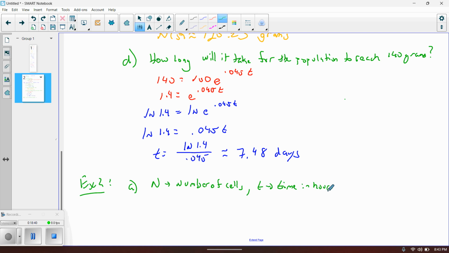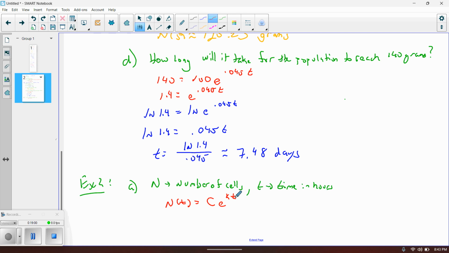So all we want to do is express n as a function of t. The problem is we're missing some information, but we can at least write the general formula, which we know should be n of t. There's your n as a function of t. And since it is going to be natural growth, it is going to be c e to the kt.